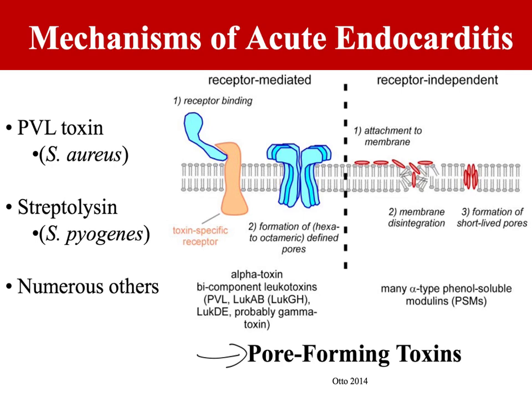Whether toxin molecules bind onto a receptor on the host cell and then multimerize to form a channel where things can go in and out indiscriminately, or bind directly to the membrane, cause it to collapse in on itself and create a channel where, again, things can go out or in indiscriminately, the key to the formation of this lesion is the hole in the cell membrane.